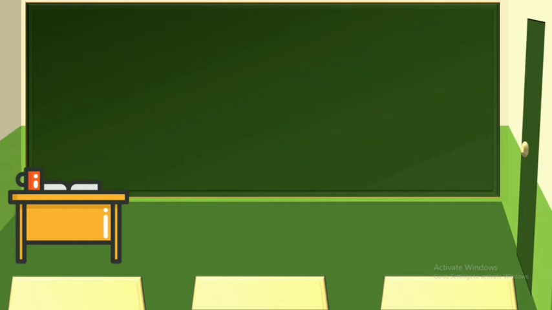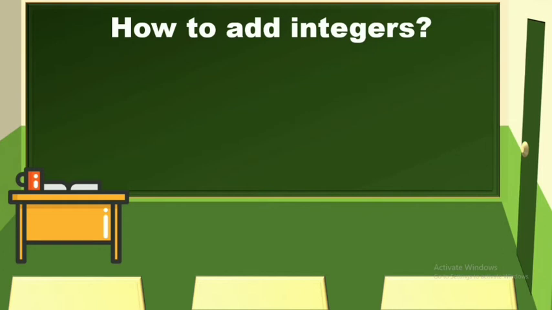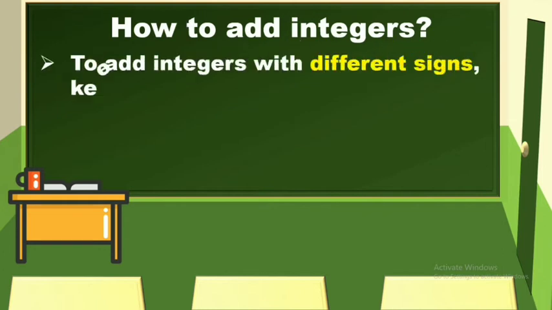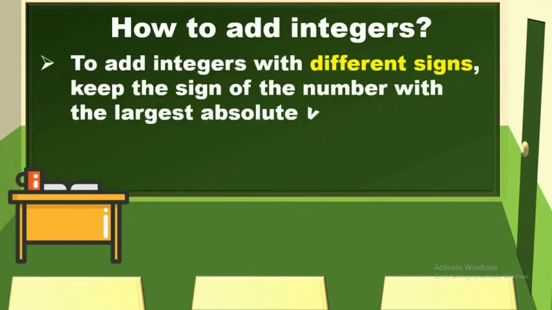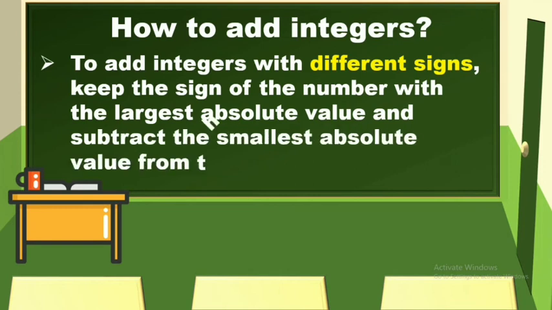Another condition in adding integers is when you add integers with different signs. This time, integers with different signs. All you need to do is to keep the sign of the number with the largest absolute value and subtract the smallest absolute value from the largest.